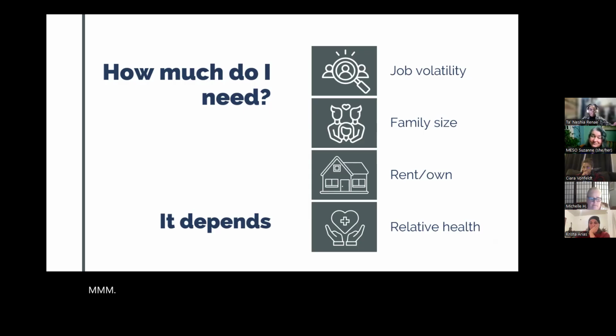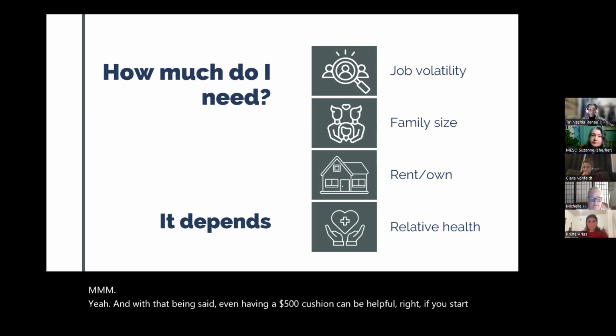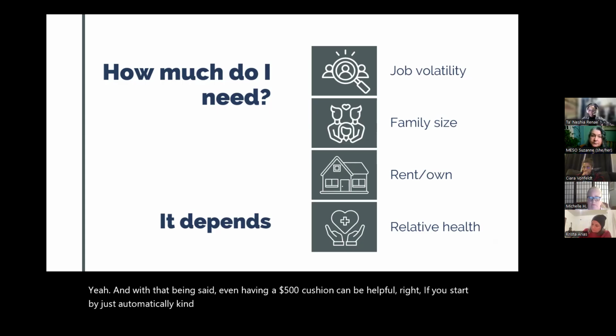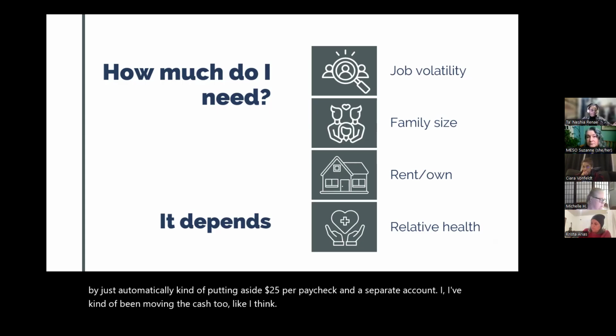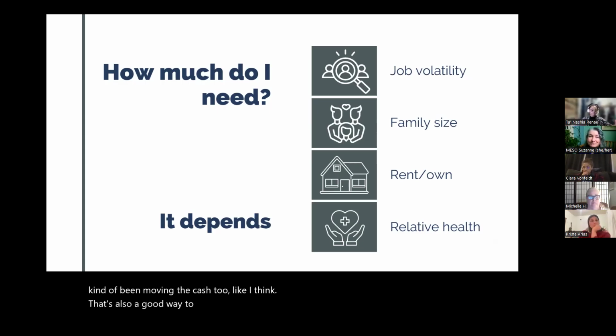And with that being said, even having a $500 cushion can be helpful, right? If you start by automatically putting aside $25 per paycheck in a separate account. I've been moving the cash too. I think that's also a good way to save money, being able to have a little bit of cash handy.